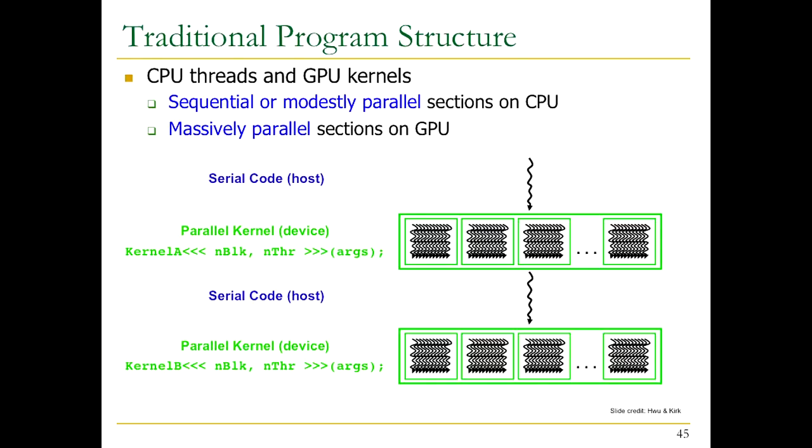How are these threads organized? They are organized into thread blocks. As you see, in the kernel launch we have to define the execution configuration, which is the number of blocks and the number of threads per block. The entire collection of thread blocks that we are launching onto the GPU is called a grid. So we have a grid of blocks of threads.